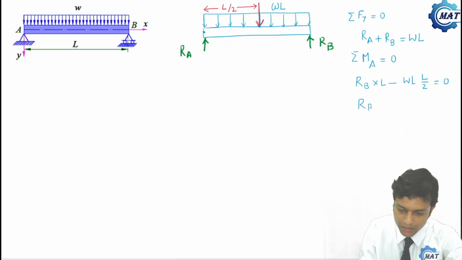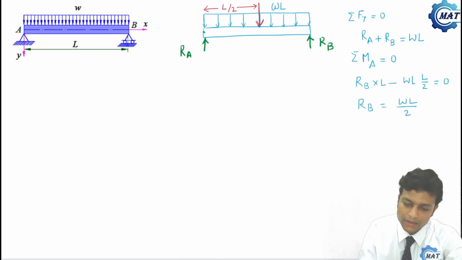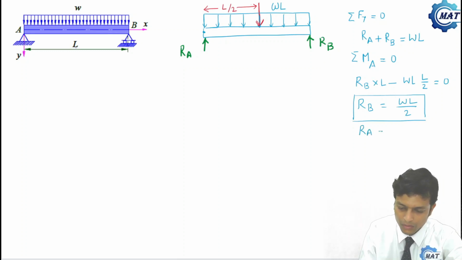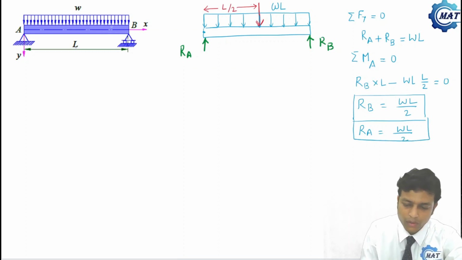That is, RB is wL by 2. As RB is wL by 2 and RA plus RB is wL, so RA is also wL by 2. Because the loading is symmetrical, both RB and RA are the same, and they are wL by 2.